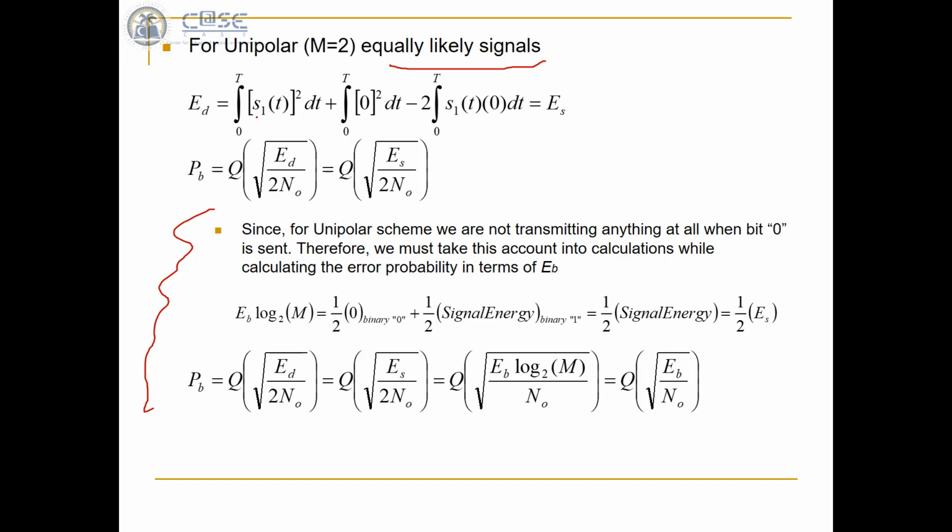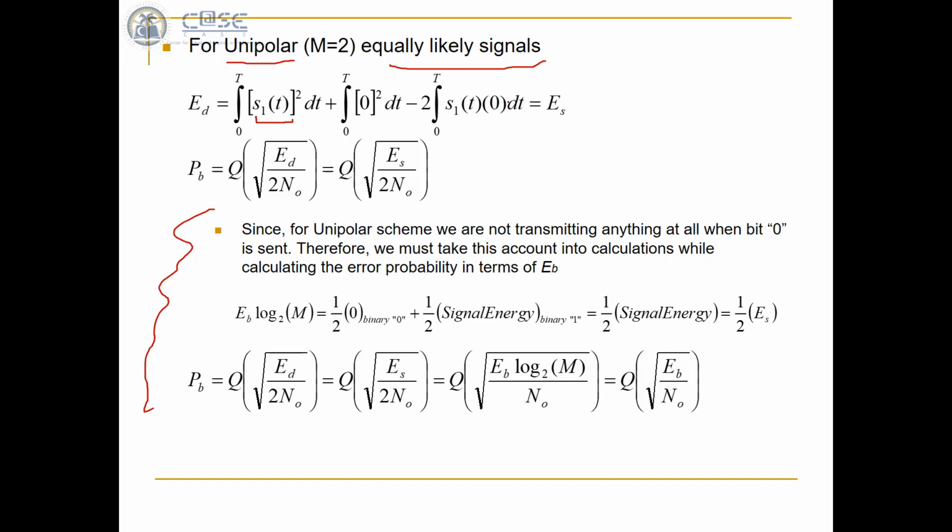Since it's a unipolar on-off kind of signal, you send something for one symbol period T, and you send nothing for the other, whenever bit 0 is sent, right? So in effect you are not sending any energy when the transmitter is off. As a result, the value of ED will come out to be ES.